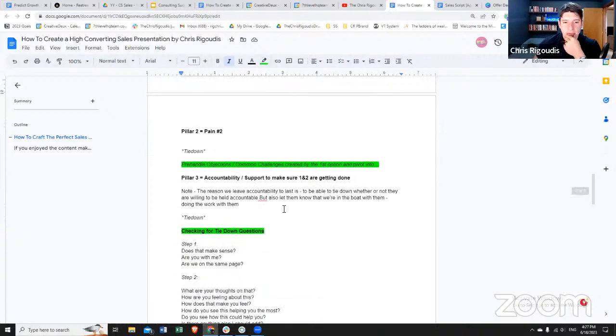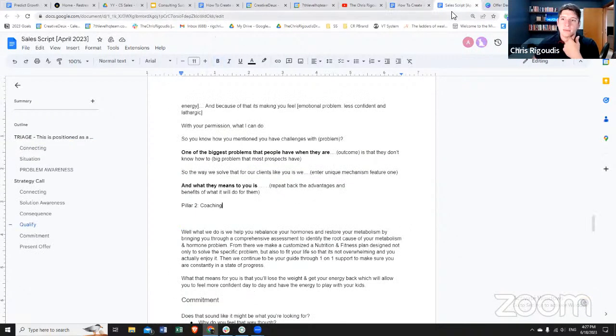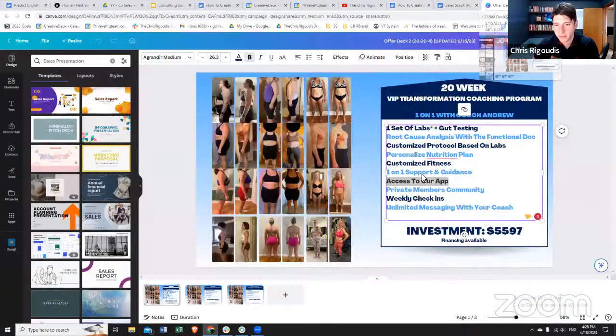And pillar number 3, this is where you would introduce community or support. Now, of course, you have the coaching, you have the plan, but we want to make sure that you're sticking to the plan. And the best way we can make that happen for you is to create a community of women all looking to get in the best shapes of their lives together.